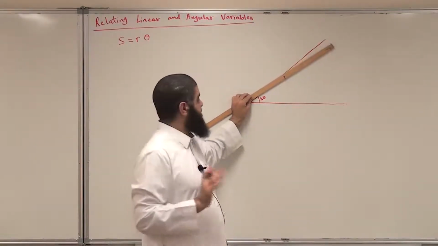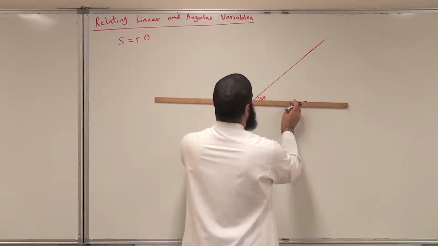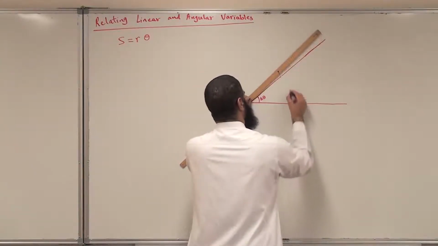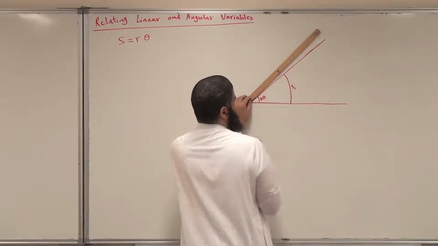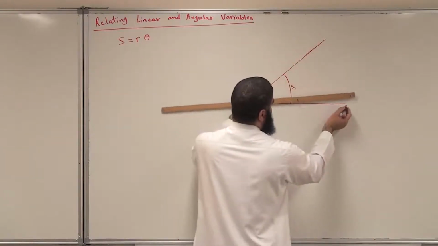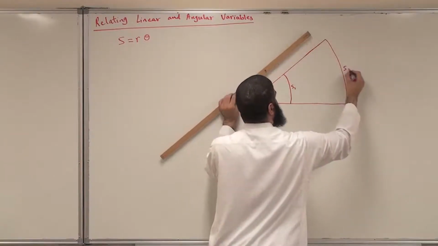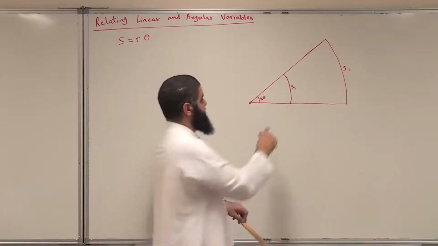But if I would like to know how far it traveled, this point has traveled this much, which I call S1 for this point, while the other point, which is at the end, has traveled that much, which is S2. As you can see here, which one is larger?